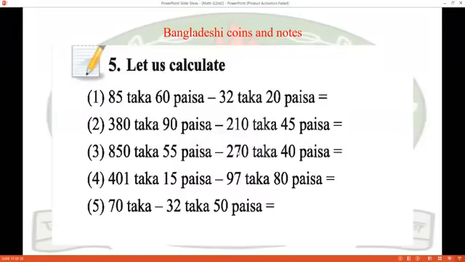There are some problems. This slide you can save for your home practice. 85 taka 60 paisa, subtract 32 taka 20 paisa. In the subtraction process, you have to be more careful, because there will be a problem with the small and big numbers.